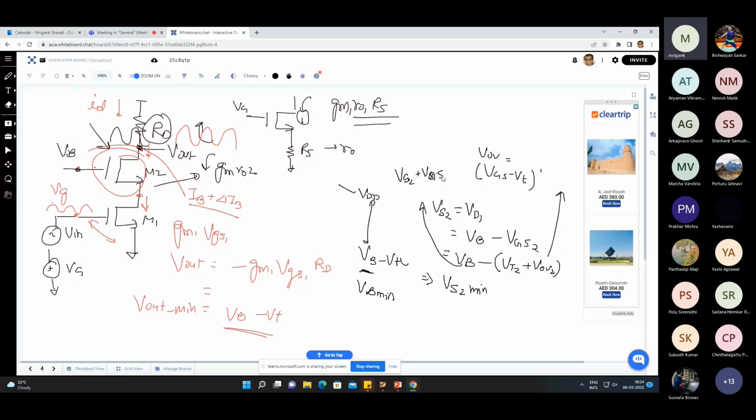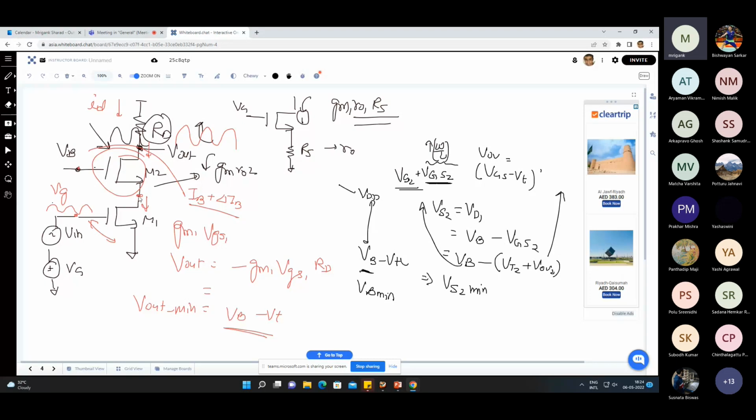So VGS2 I can minimize by increasing the W by L. So this thing we have some control. VGS2 required for M2 I can reduce by increasing the W by L. This is okay. But now we also have VS2. So VB is equal to VGS2 plus VS2, which is the source potential. I also want to minimize VS2 as much as possible.